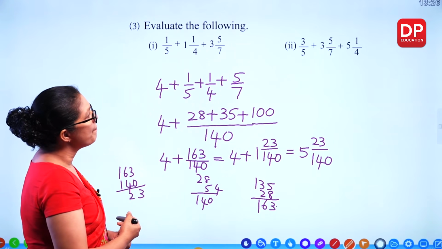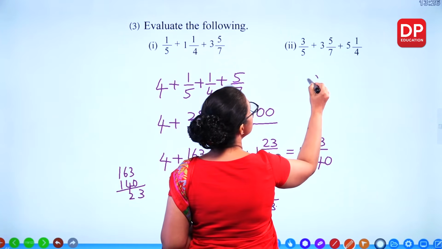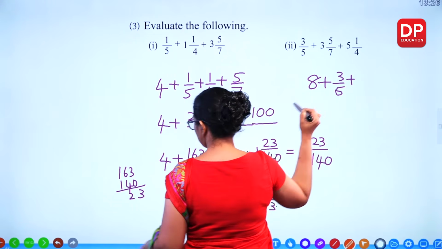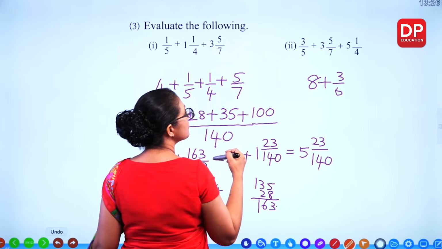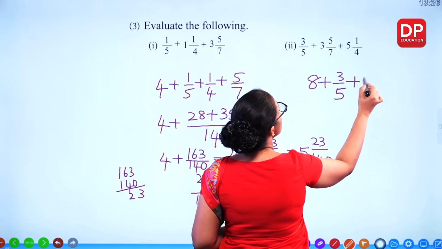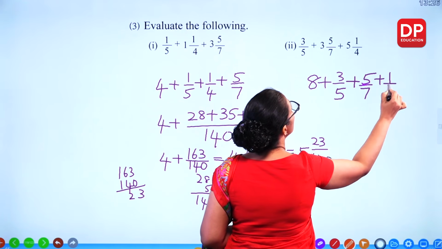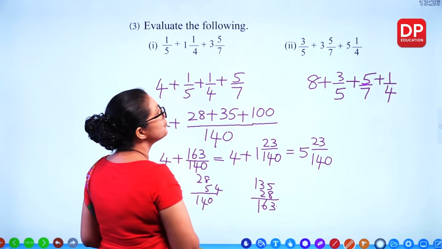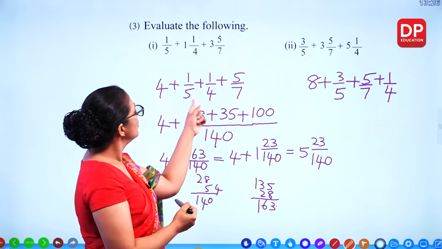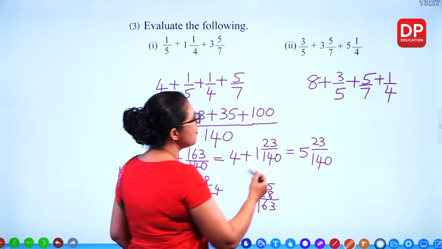This one. Add the whole numbers. 3 plus 5, you get 8. Now add the fractions. 5/7 and 1/4. What's the common denominator? 140.